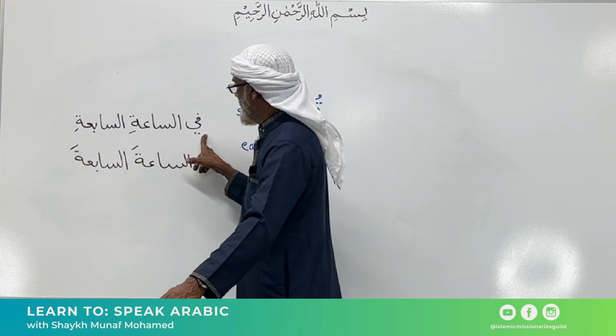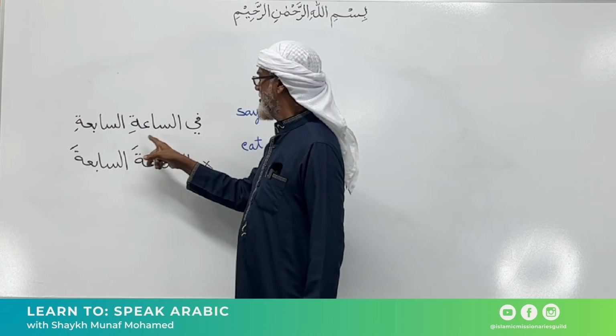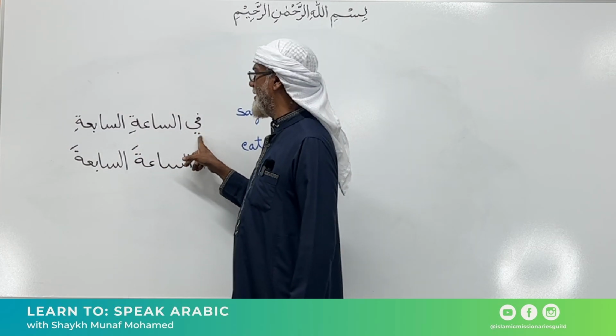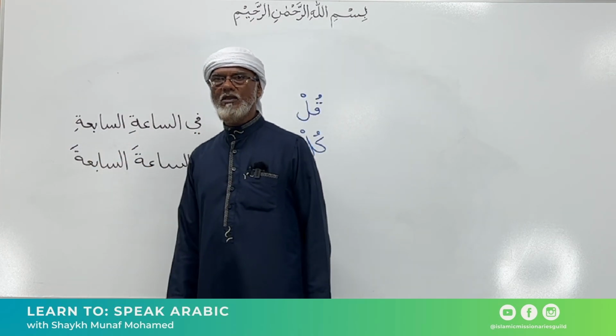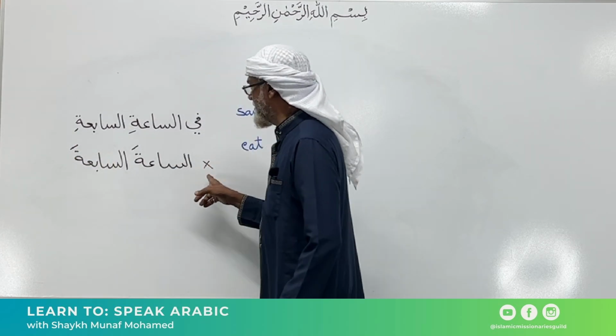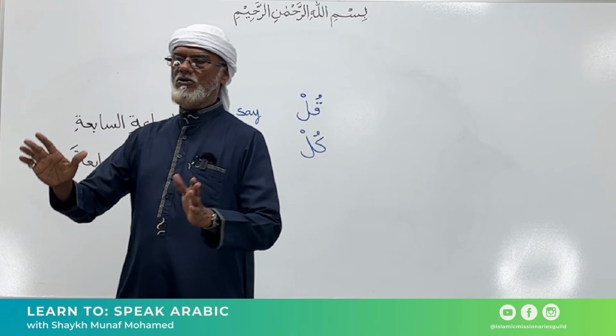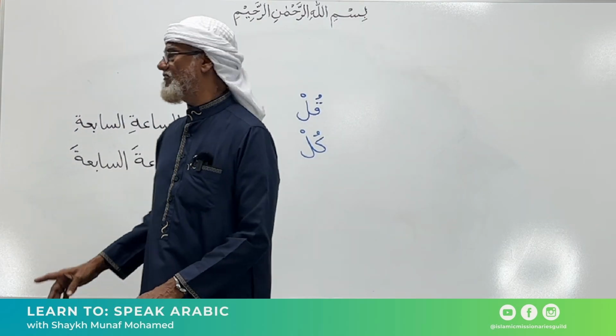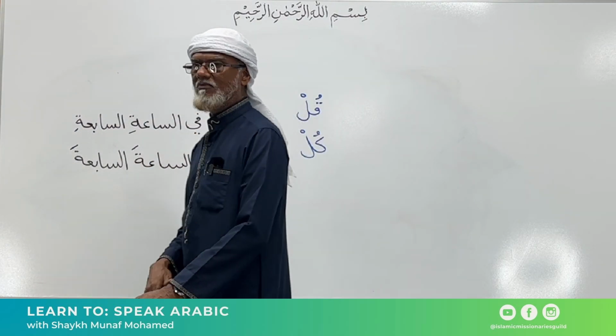If you put في, you will have to say في الساعة. So it means at. I go at 7 o'clock. Here, الساعة السابعة means also 7 o'clock. So you have the option of either saying في, or you could leave out the في.